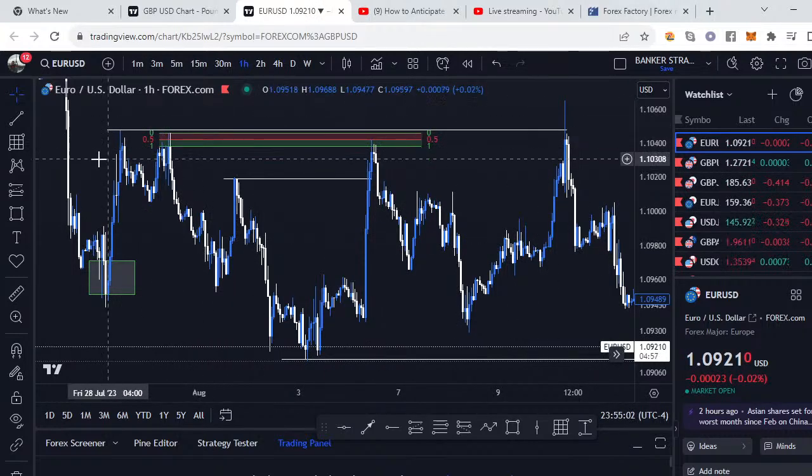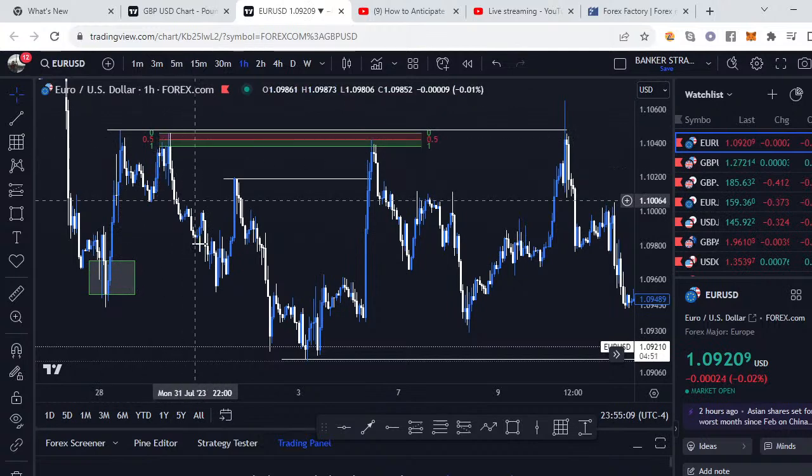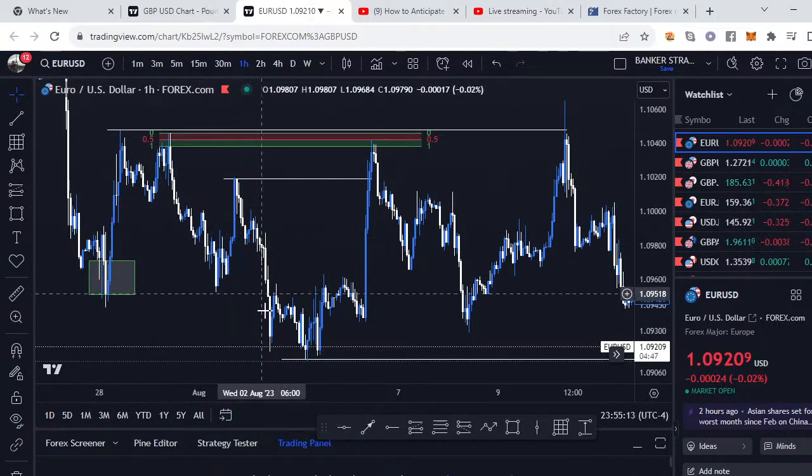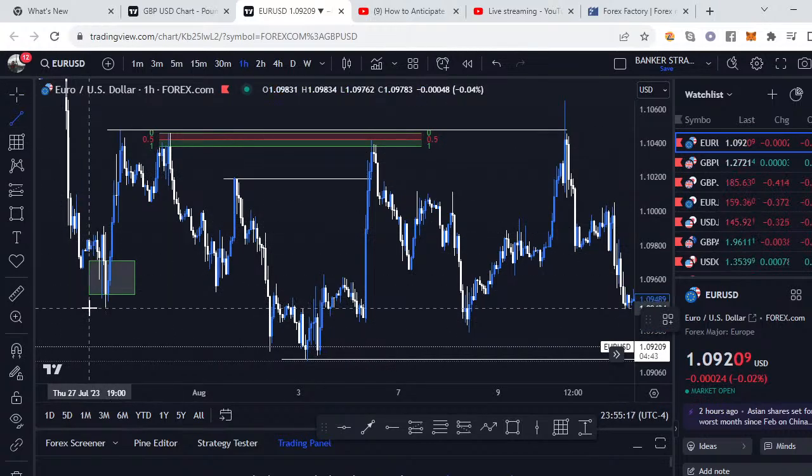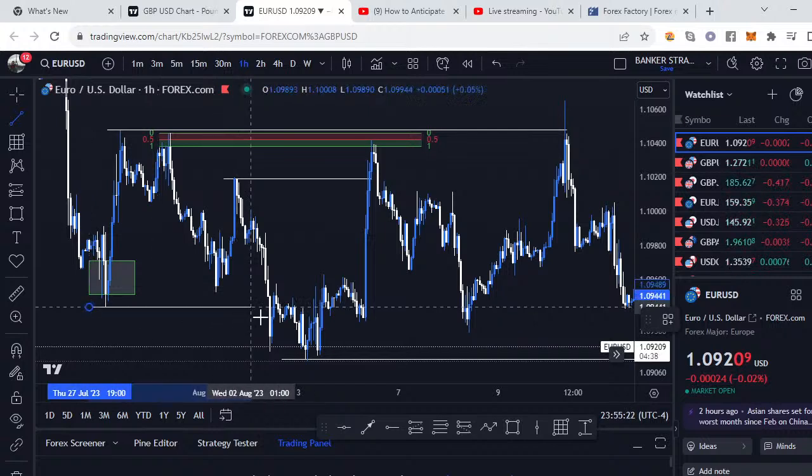So price came up, wiggled down, left these two highs the same, perfectly around the same. Came down, took liquidity at the first low, right? Took liquidity at the first low. Wow.